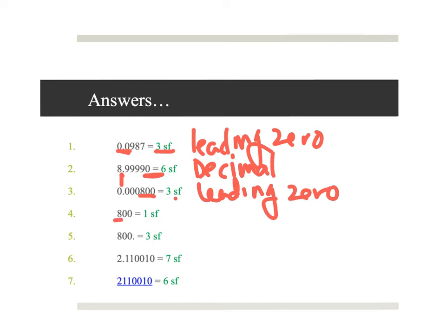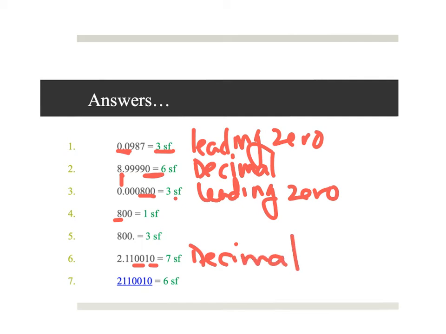800 only has one because it has two trailing zeros and there's no decimal, but 800 with a decimal point has three, again because that decimal point makes those trailing zeros significant because they follow a non-zero digit. In number 6, you have 7 significant figures because these zeros in here count, again, because you have that decimal.